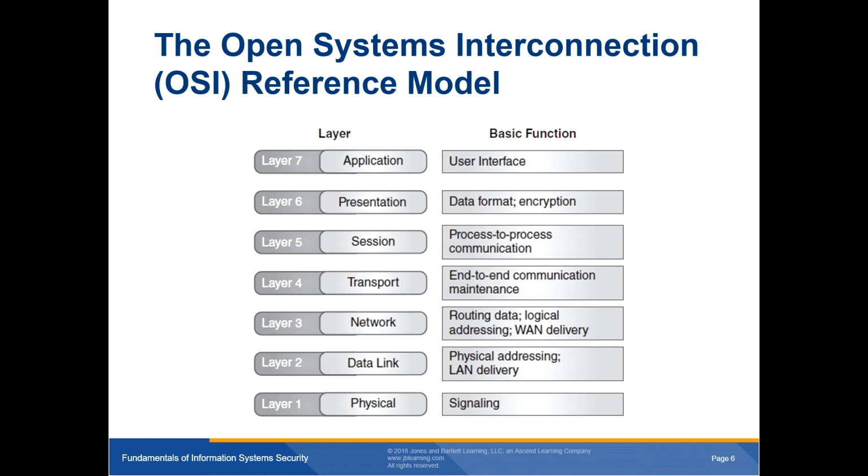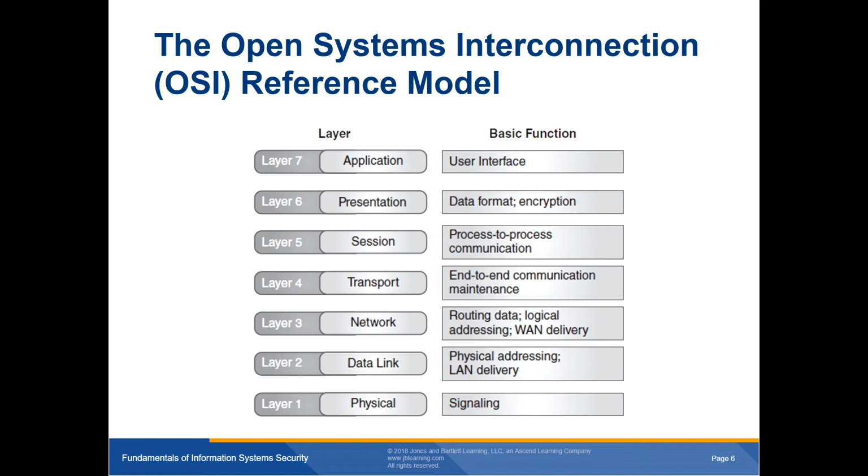The one thing we must understand about the OSI reference model is that, first of all, when a message is sent from you to me, it has to go all the way down from layer 7 on your computer, all the way down to the physical layer, at which point it may actually use satellite communications as its physical layer at some point, and then send the message to me, and then go back up the OSI reference model through each one of these 7 layers and the functions that occur there until it gets to me, and I can read your message.